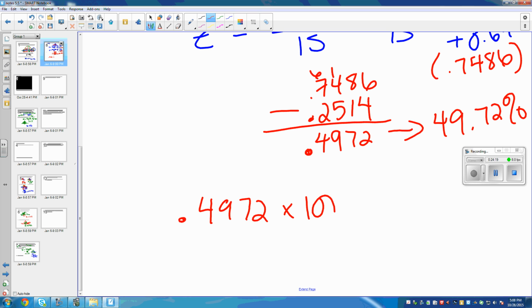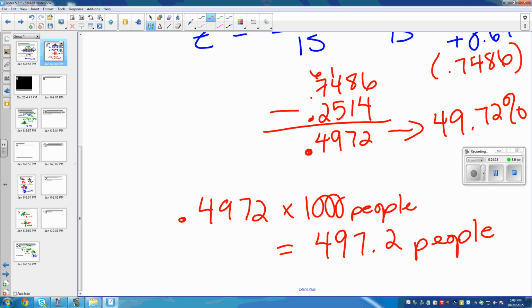Now remember, you can't really have 0.2, so you should always round down because you're for sure going to have 497, but you're not sure about that 498. But remember, we talked about this, we could say 497 people, or you could say 497 to 498, but in this case, with it such a small decimal, it's probably better to say 497. Right?